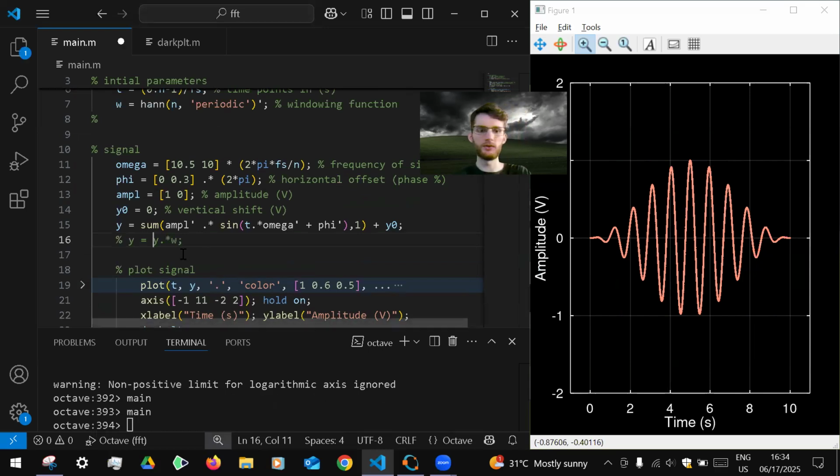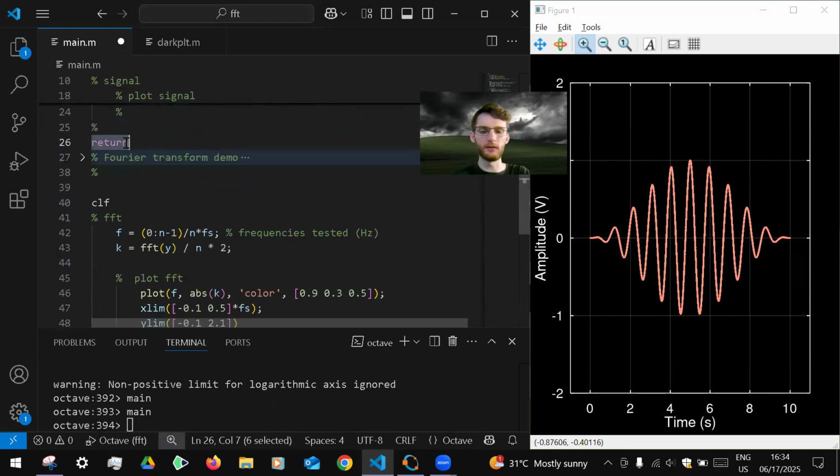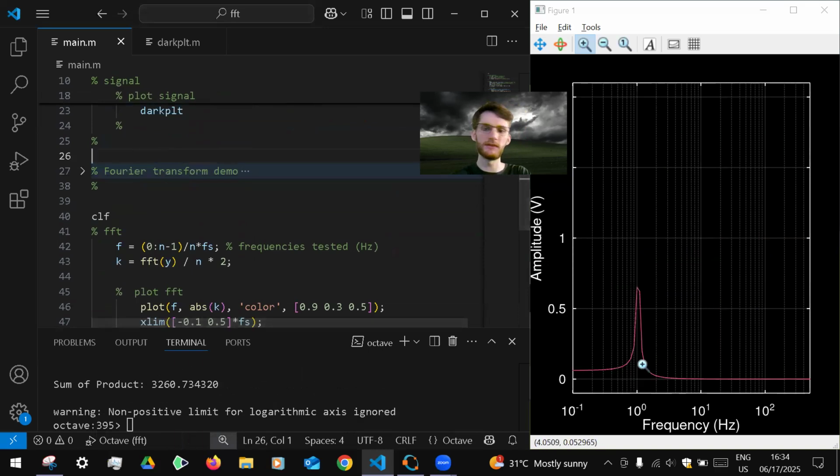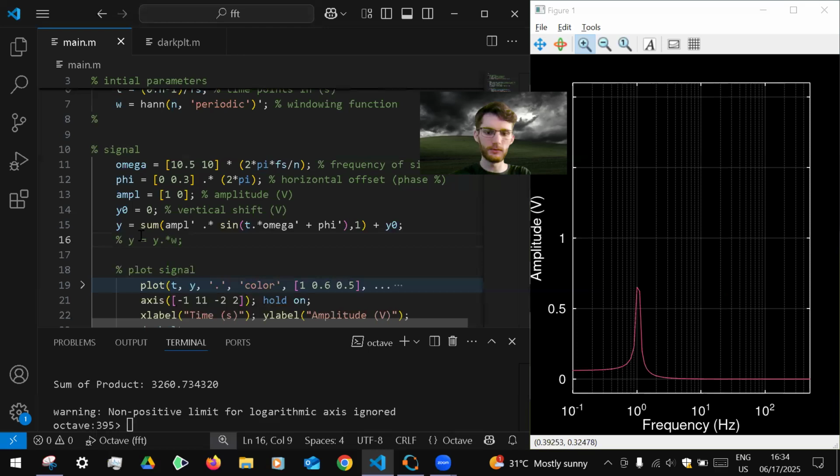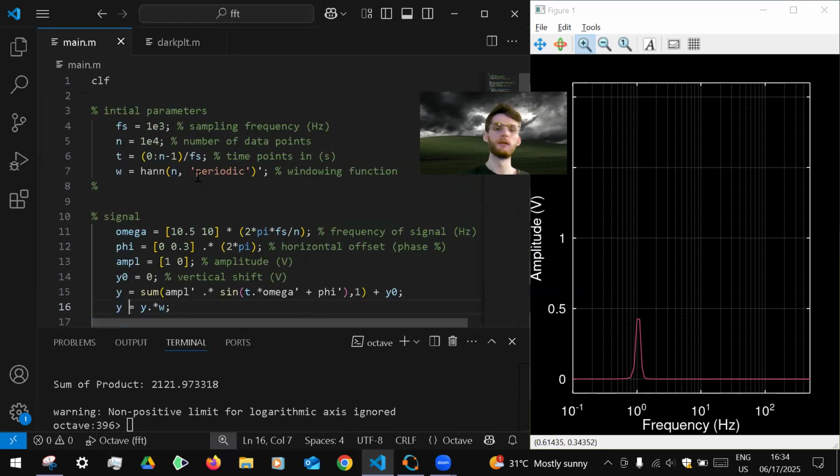And so let me show a before and after of the frequency domain plot. You have this spread out peak, and now I will incorporate the windowing function. Now it does reduce the height of the peak, but it makes it more distinguished from the outside area.